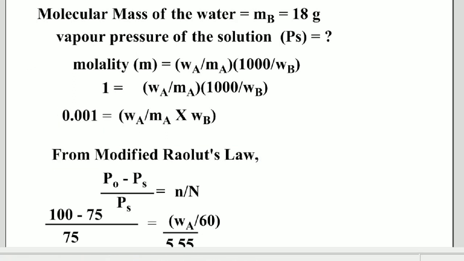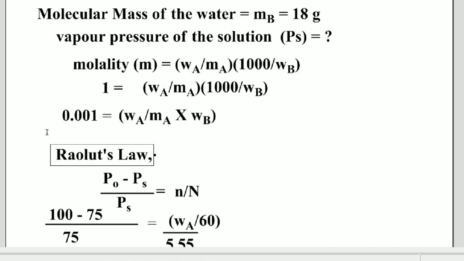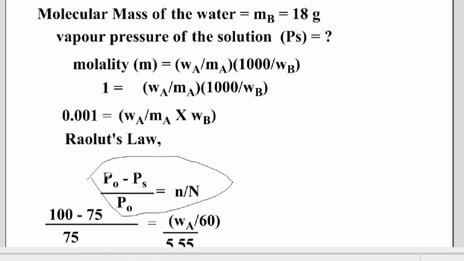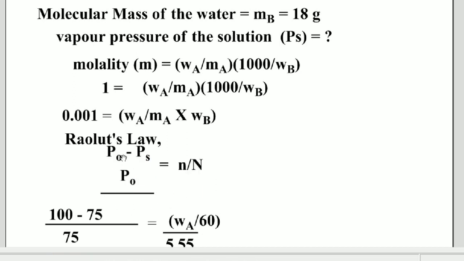Now students, from Raoult's law, we have a relation for dilute solutions: P0 minus PS by P0 is equal to small n by capital N, because the number of moles of solute is much less than the number of moles of solvent for dilute solutions.